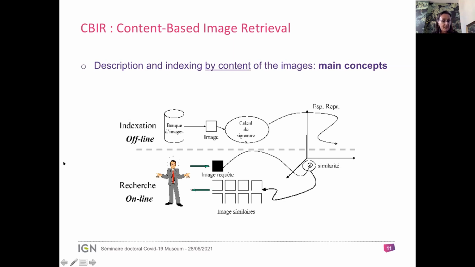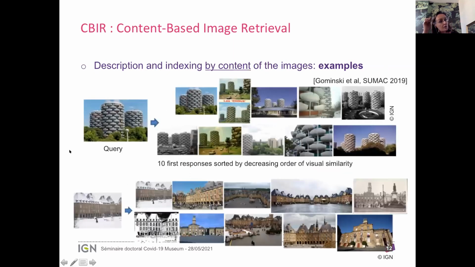More concretely, I can show you some examples with IGN images. Here you have a query. It's at Créteil, some famous buildings in a city close to Paris. And so the system retrieves those images.